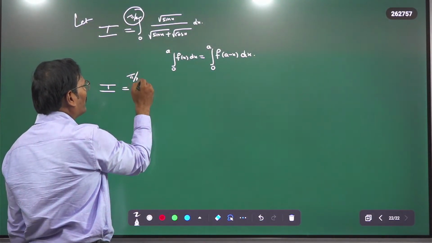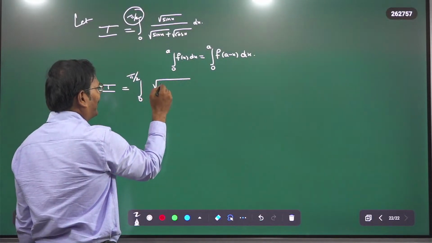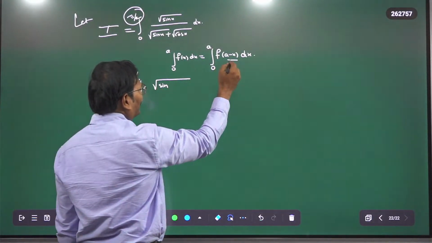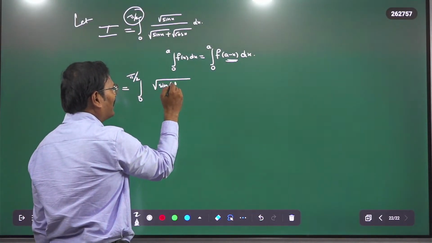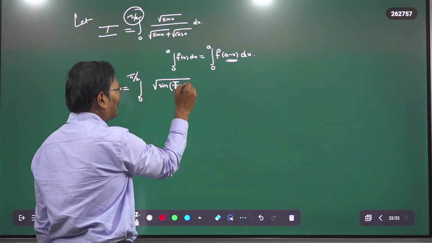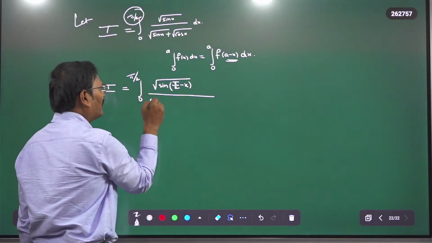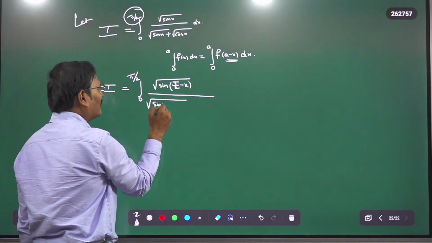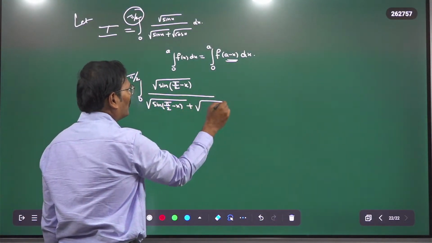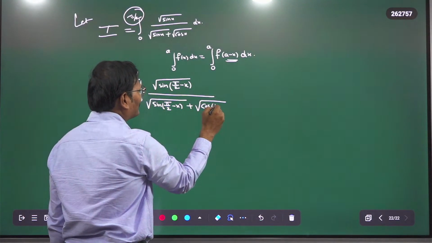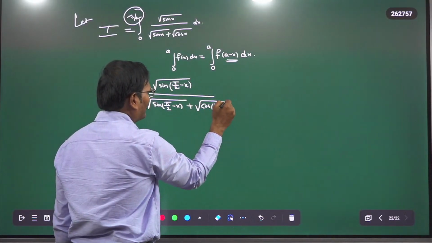Integral 0 to pi by 2 sine of a minus x, a minus x means pi by 2 minus x. Sine of pi by 2 minus x by under root of sine of pi by 2 minus x plus root of cos pi by 2 minus x dx.